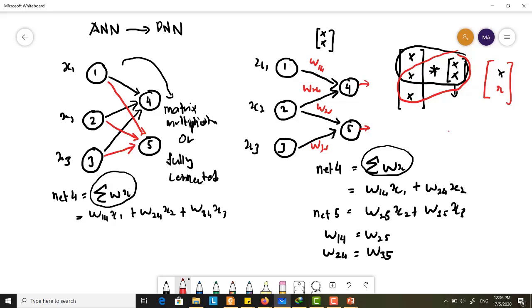What is good here is that the connection is less, meaning the number of W involved in producing the net at this layer is very small.